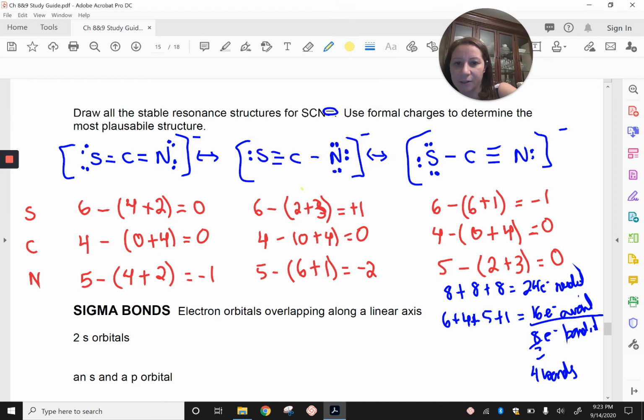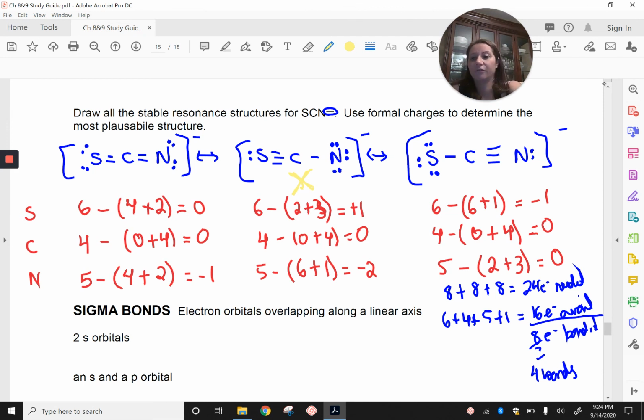I would cross this one out. Why is that? Well, both of these have more zeros than that middle one. So that middle one I don't like because there's not very many formal charges that have zeros, and that's not good. The more zeros that you have, the better. So automatically I'm going to cross that one out.